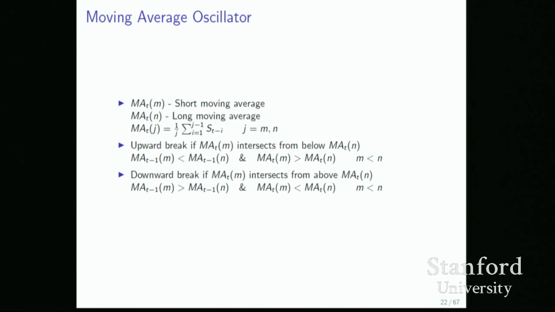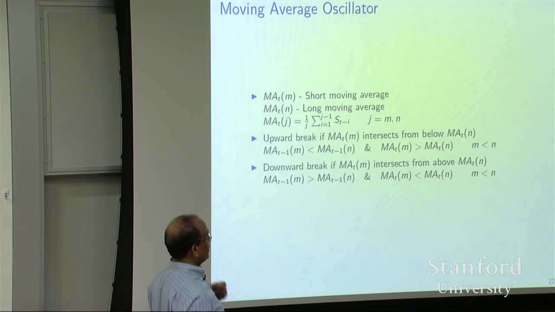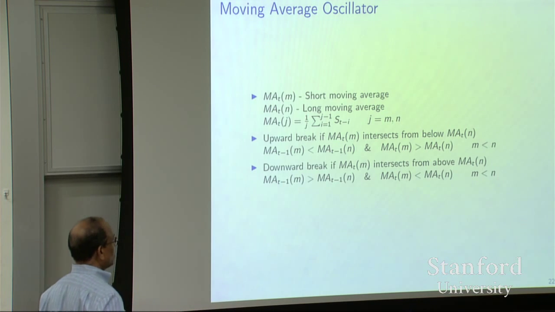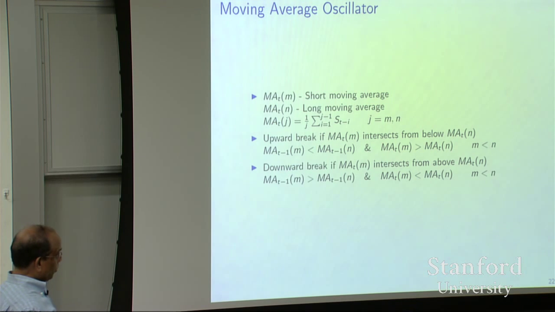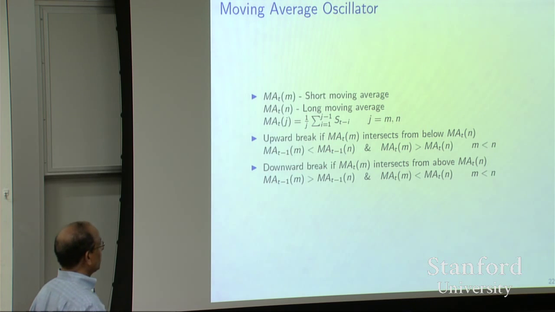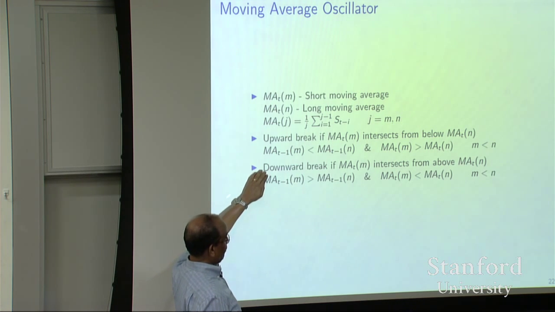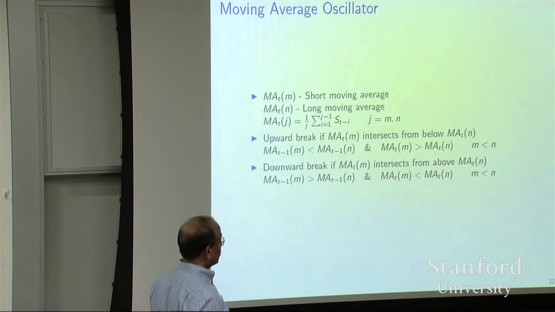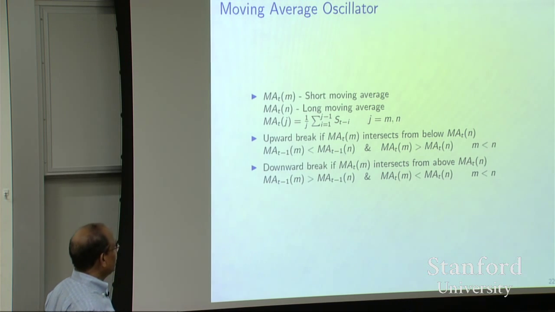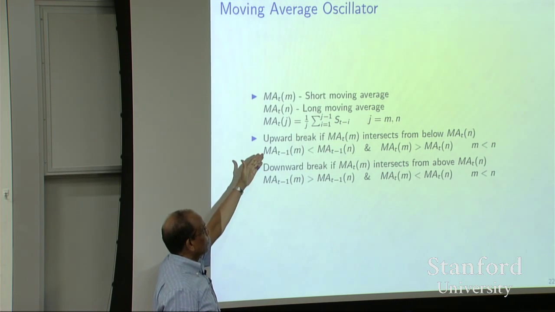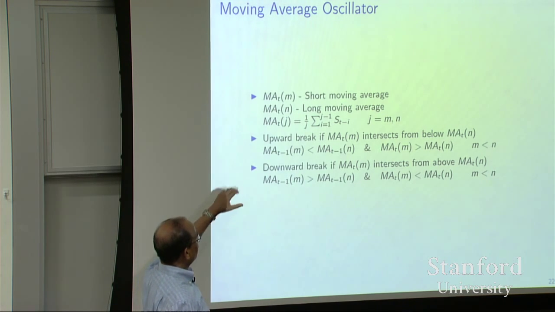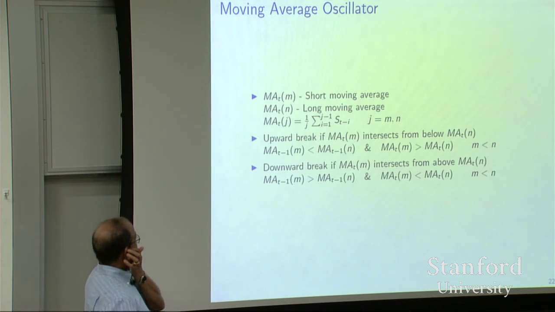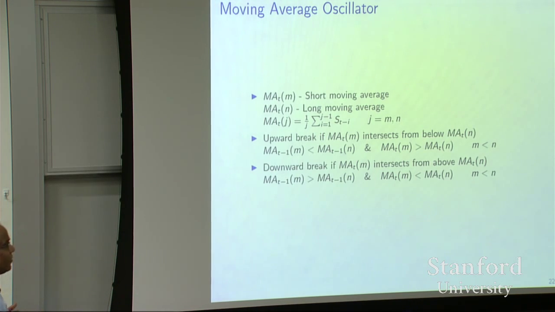Okay, so once you have them, you say there is an upward break if the short-term moving average intersects the long-term moving average from below, and a downward break is when the short-term moving average intersects the long-term moving average from above. Okay, so these two are just expanding what I'm saying in English there. I don't think there is anything much to it. Okay, so what are the values of M and N people choose in practice?